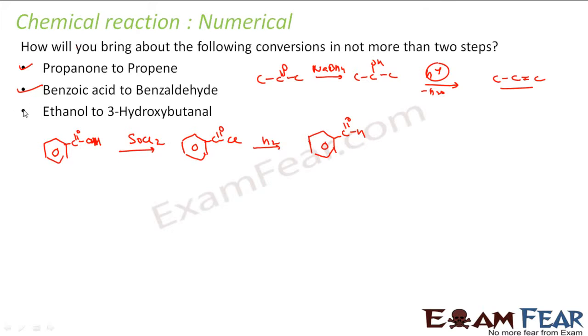The next is ethanol to 3-hydroxybutanal. This is my ethanol, to convert this to 3-hydroxybutanal. This is my butanal, and at the third position, 1, 2, 3, I have a hydroxy.